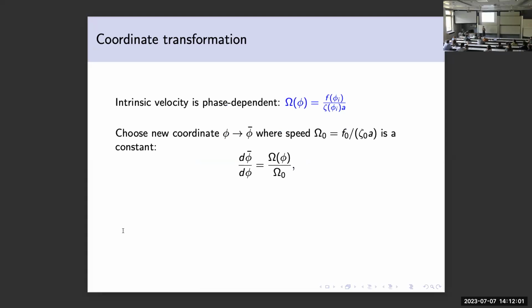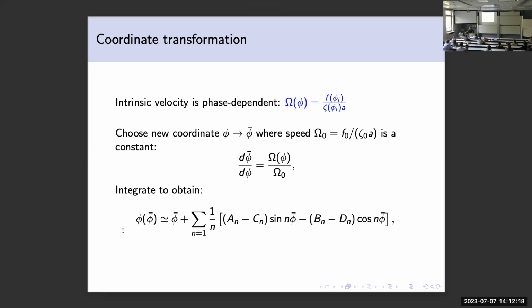If I'm mapping this beat cycle to a rotor moving around a circle, I'm not restricted to choosing one particular phi. I'm just having a new phi to capture where I am in the cycle. And this just makes the mathematics easier. So I've got phi bar as my new coordinate. Phi without a bar is the old coordinate. And so I can write down this relation between them and integrate it up to get this equation there.